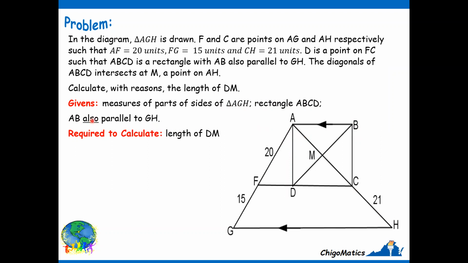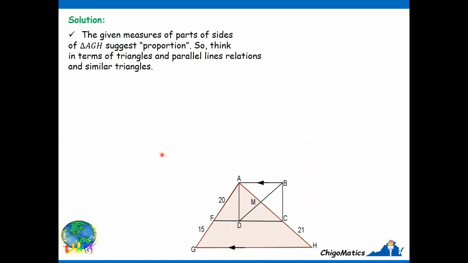I've underlined the word "also", it has some meaning. What is the meaning? By the definition of a rectangle, opposite sides are equal and parallel. So when they say "also", they are simply trying to make sure that you remember the definition of a rectangle: opposite sides are parallel and equal.